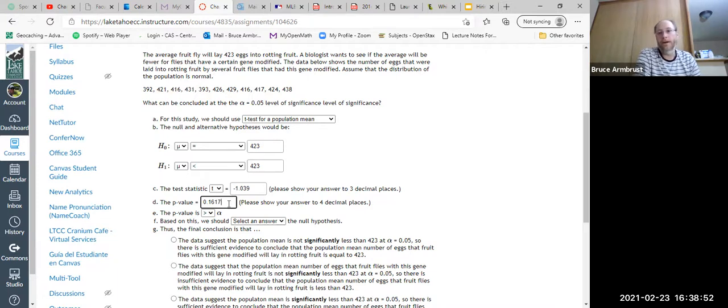So is that rare? Is this a rare event? What do you think? Is 1 out of 6 rare? Kinda.